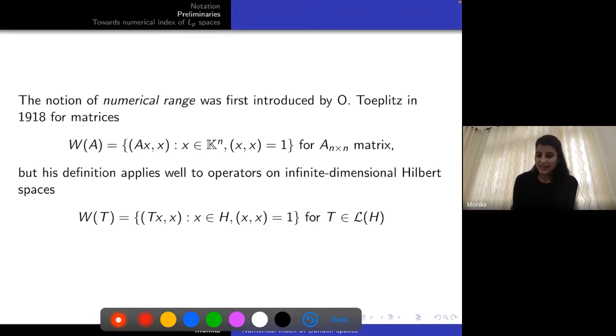So for infinite dimensional Hilbert space, numerical range was defined the same as for matrices: the inner product of Tx and x, where norm of x is 1. So what is the importance of studying the numerical range?